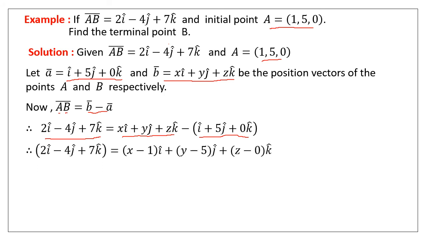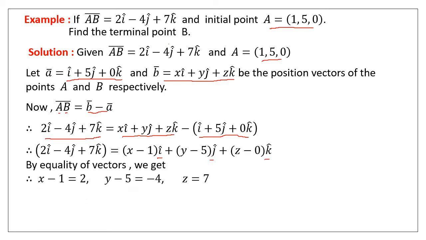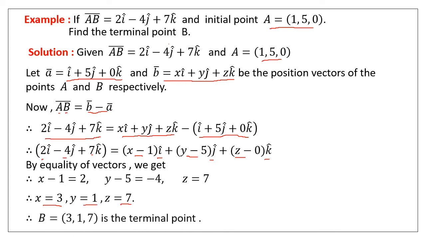Now collecting terms of I cap, J cap and K cap and using equality of vectors we get x minus 1 equals 2, y minus 5 equals minus 4 and z minus 0 equals 7. Solving it, we have x equals 3, y equals 1 and z equals 7. Therefore, the point B having coordinates 3, 1, 7 is the terminal point.